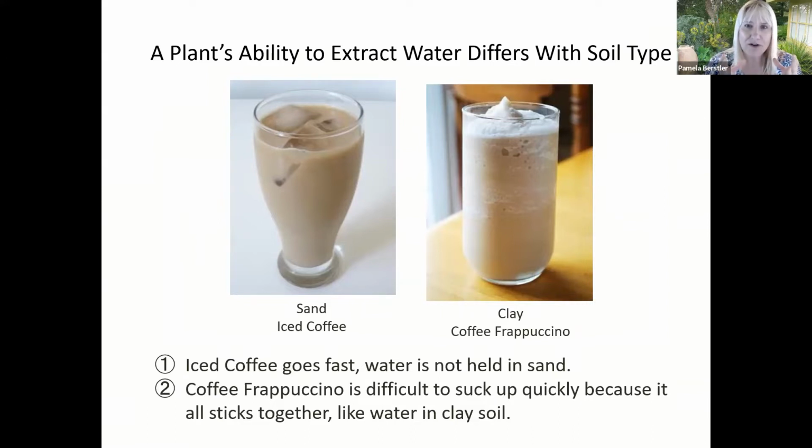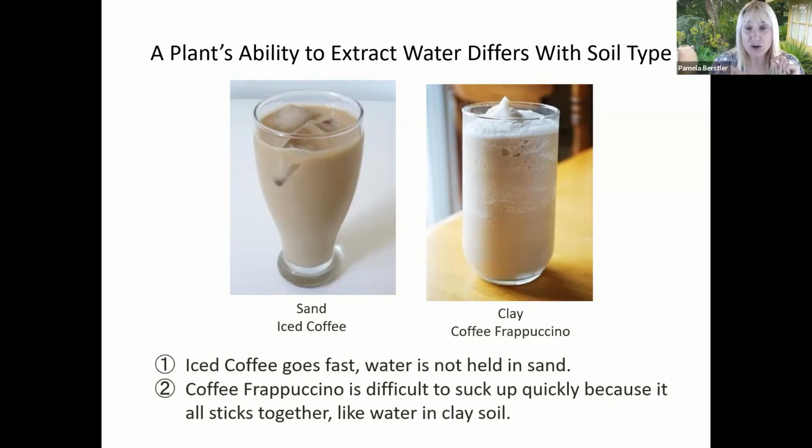The iced coffee has these giant ice cubes in the container. When you pour the coffee in, it goes in really fast and fills the glass. If you drilled a hole in the bottom of the glass, it would drain out super fast because there's no adhesion, or I guess it's cohesion actually, between the ice cubes and the coffee.